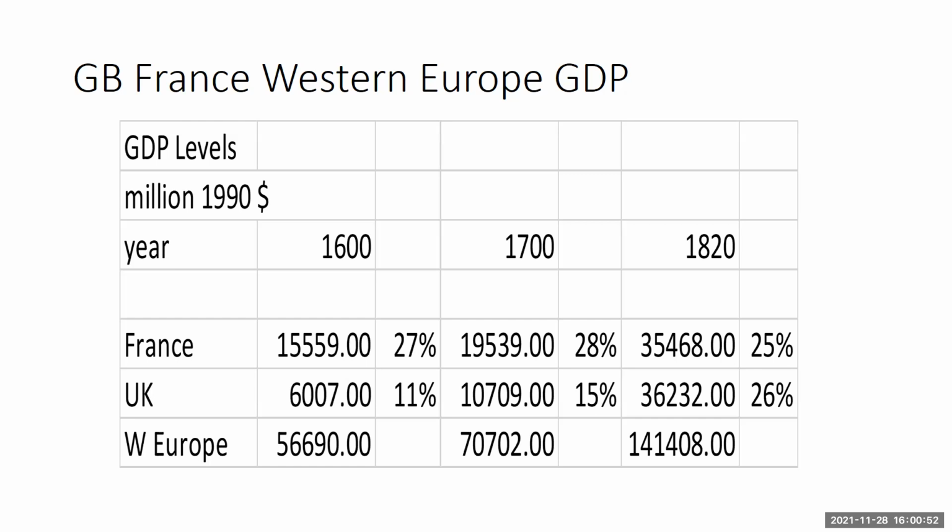Broadening the context further now, we can zoom out and include as a frame of reference the global GDP to see where Great Britain, France, and Western Europe stood in relation to the rest of the world.